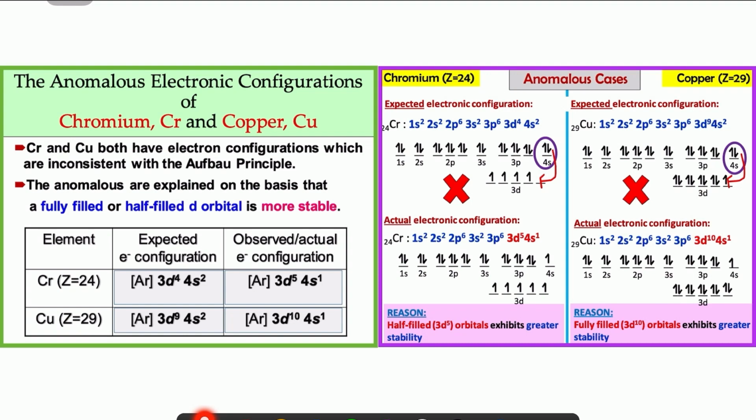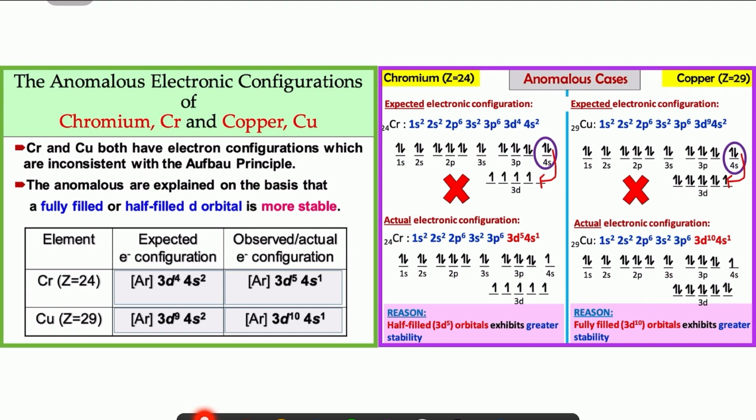Then you can see that the actual electronic configuration for copper is a stable arrangement of the d orbital. So why is it anomalous? Because of achieving the stability of the fully filled 3d orbital.